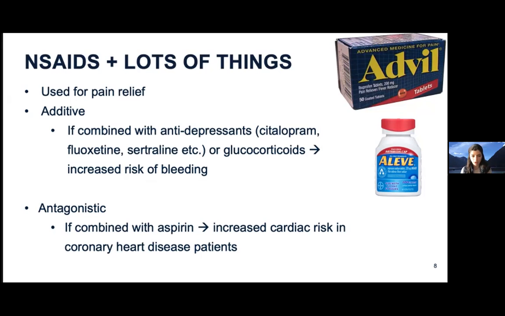So unlike other NSAIDs, aspirin prevents platelets from clumping for a longer period of time. So hence, this is why aspirin is typically the go-to for preventing things like heart attacks in people who are high risk. So essentially, NSAIDs can get in the way of that and prevent those longer-term benefits, on top of the fact that both of these medications are NSAIDs, and you'd also get an increased risk of things like gastric ulcers as well.